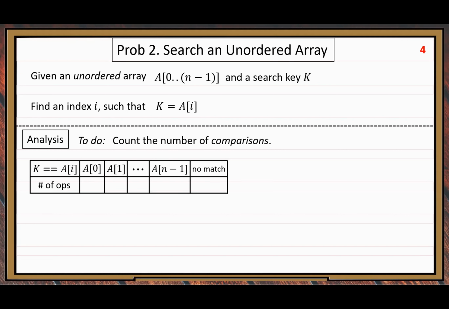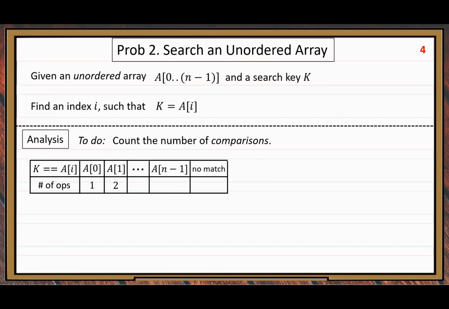There are many different cases. So here, let's do a chart to see, for all those different cases, the number of operations in the second row. If k equals the first element, A[0], you only need one comparison. Your function terminates after one comparison.